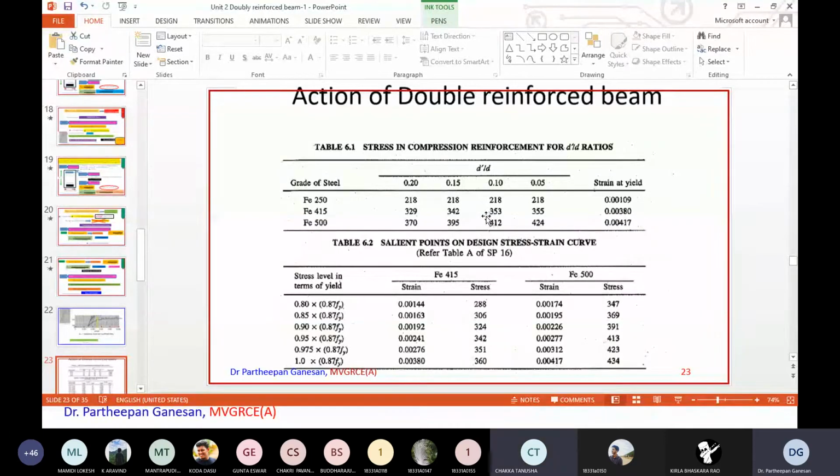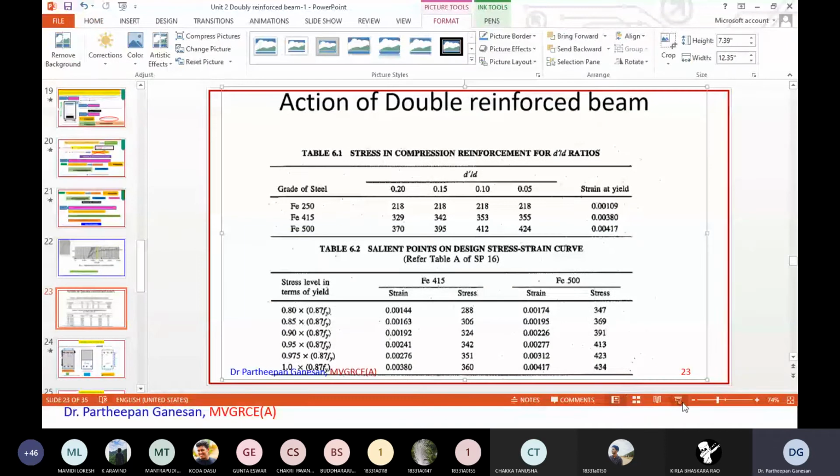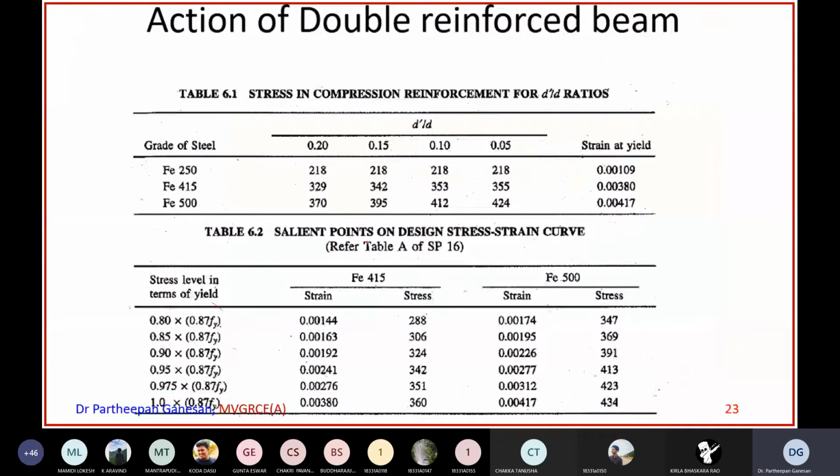What was the value we get? 0.09, right? So for 0.1 it is 353 here. For 0.15 it is 342. So you can easily calculate for 0.09.